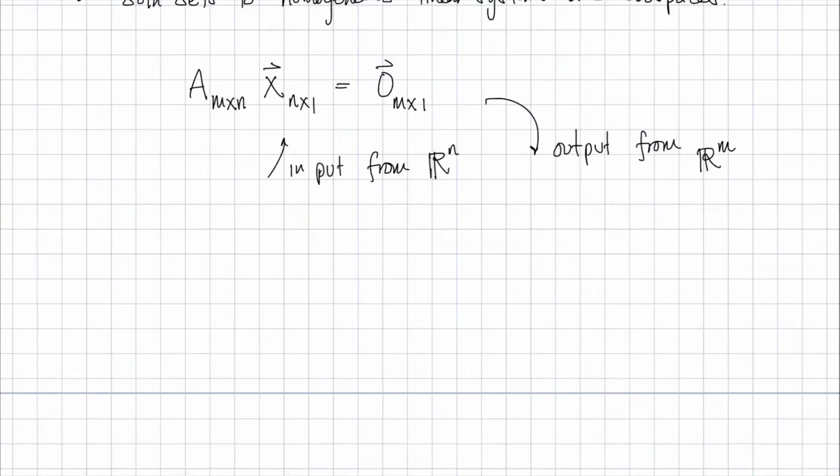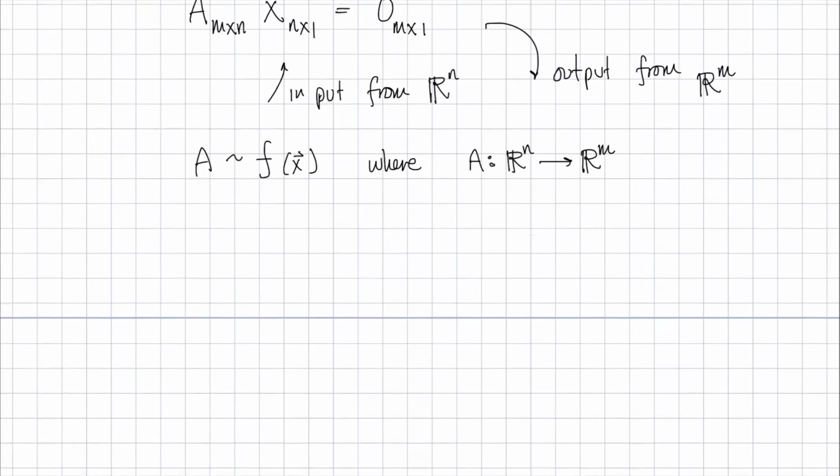And so I'm thinking of A as being like a function of x, where A takes vectors from n dimensions and turns them into vectors in m dimensions.